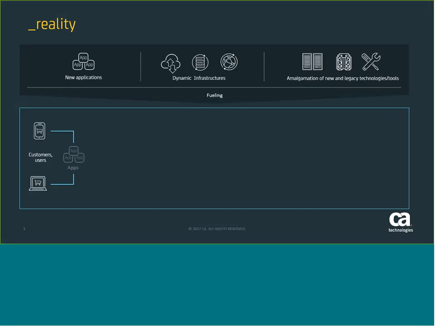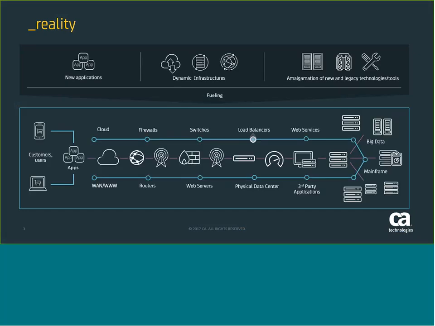So many different technologies. You're going to have some mainframes, big data, web services, and you end up with a hoarding of different technologies that are fragmented, and you have difficulties to understand the whole picture, and to be proactive and more agile in this new application economy.